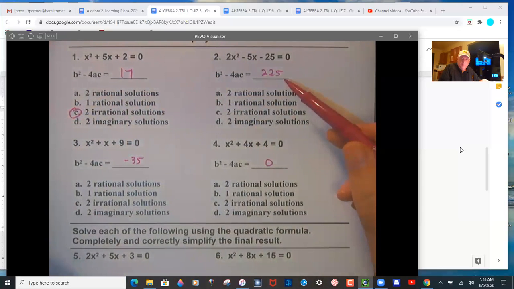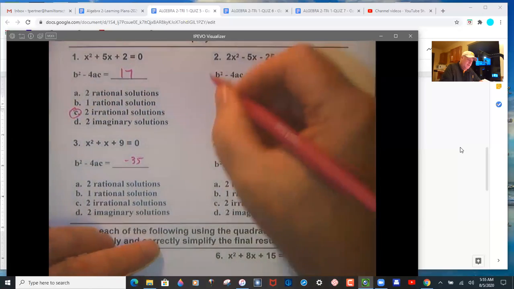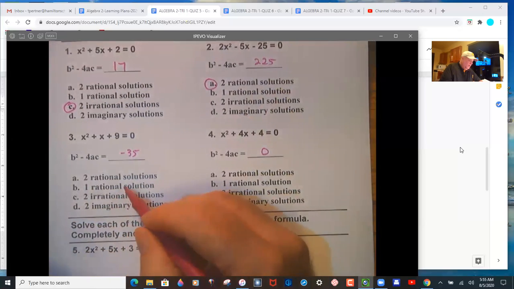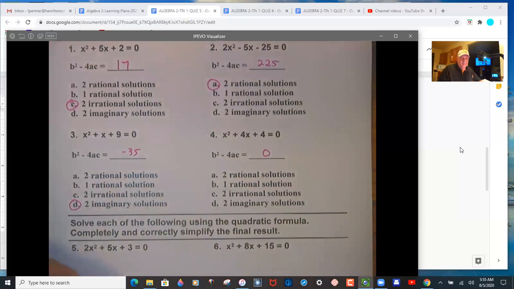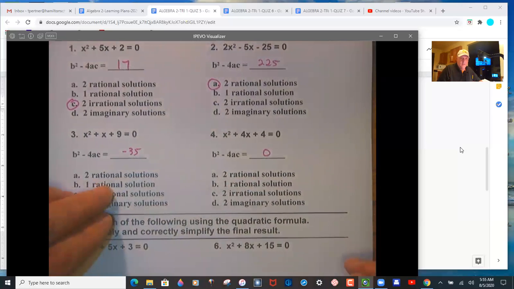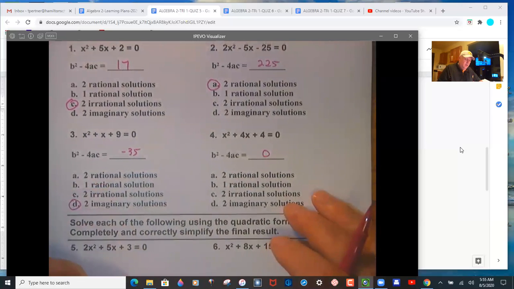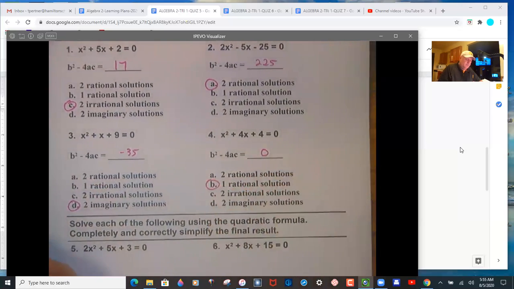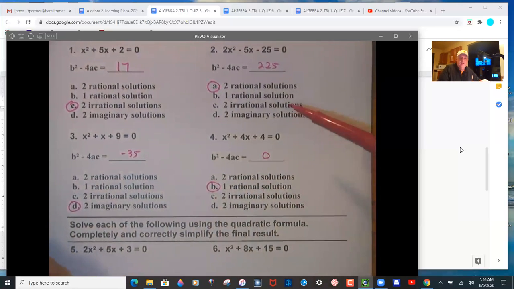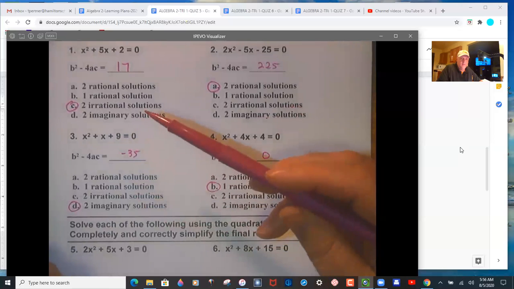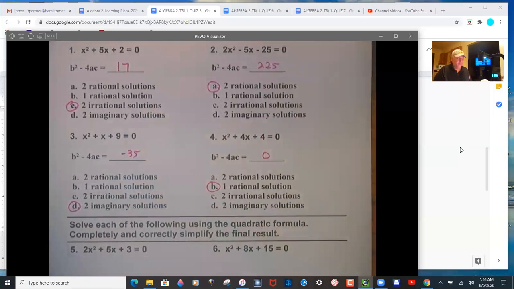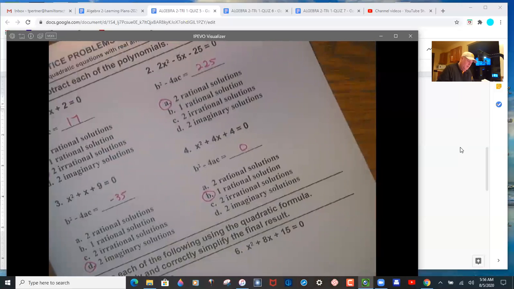Here, this is a perfect square, so when we square root it, we get rational solutions, so that's A. And then here, since it's negative, when we square root it, we'll get an i on the end, meaning it's imaginary, meaning no x-intercepts. And then here, we're going to get 1. So 1 x-intercept at the vertex there, 2 x-intercepts that are nice, no x-intercepts, and then 1 is 2 x-intercepts that are not nice at all.